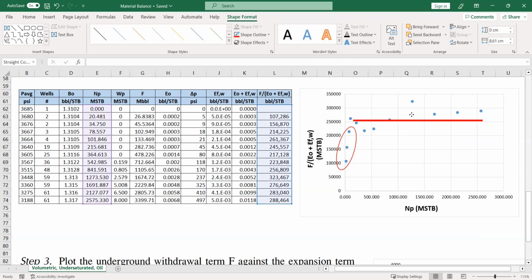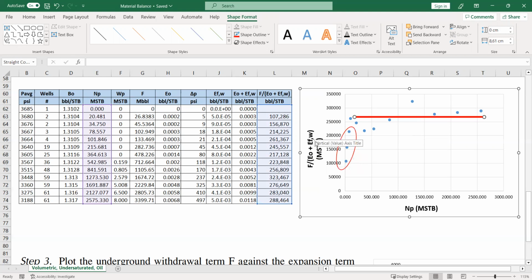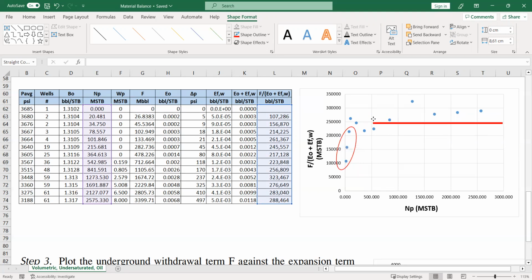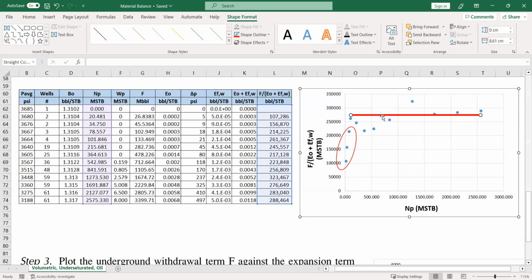If you get F divided by the expansion term plotted against the cumulative oil production, and you get a horizontal line like this, then you have a volumetric reservoir. And the intersection between this line and the vertical axis will be the initial oil in place. So it makes sense.